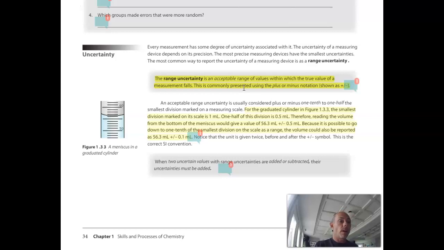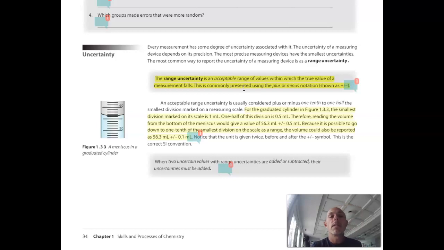If we, for example, use a graduated cylinder and we measure the volume of water to be 52.5 milliliters, but really it could be anywhere between 52.3 and 52.7 because we're estimating, and I'll talk about that in a moment. Then we could say that the measurement of that water is 52.5 plus or minus 0.2 milliliters, that it really could be anywhere within that range.